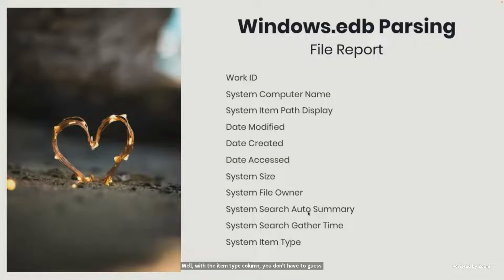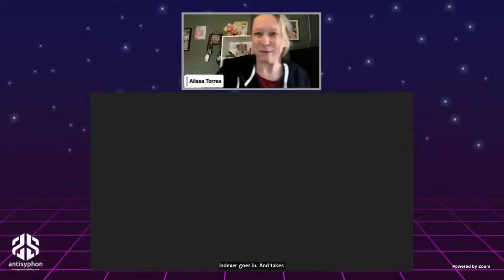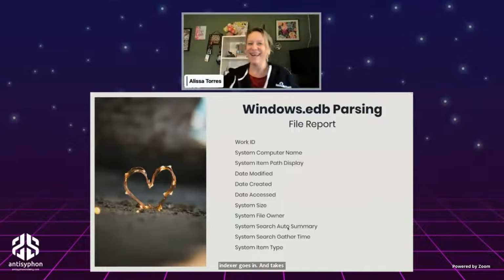Auto summary is probably the most impressive, and I'm going to show you a pretty good use case as to how you may be able to fold the contents of auto summary into your investigations. There are only particular file types where the search indexer takes the effort to dig into the contents of files.